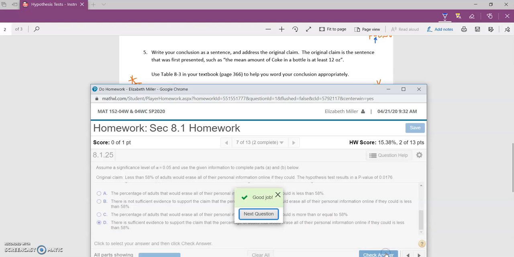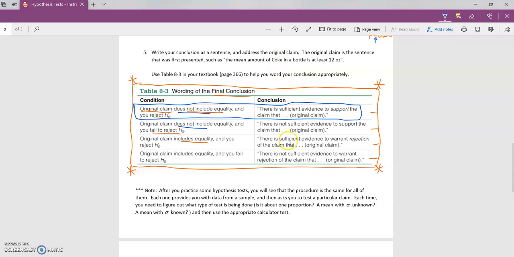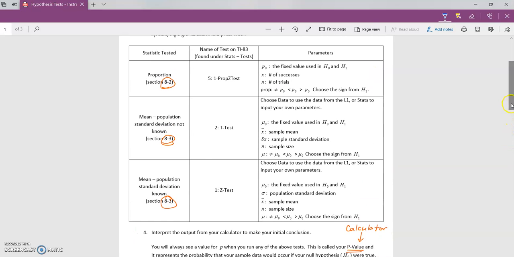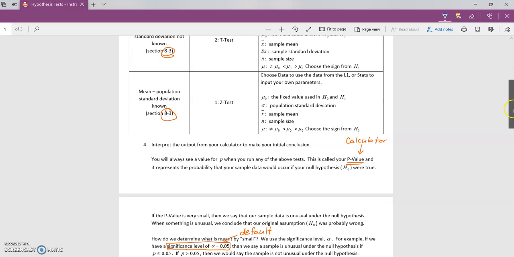Okay. You need this chart to word the final conclusions. In section 8.1, they're going to just give you the p-values when you need it. But in sections 8.2 and 8.3, you're going to use these tests in your calculator to calculate the p-values. So right now they're just going to give it to you.